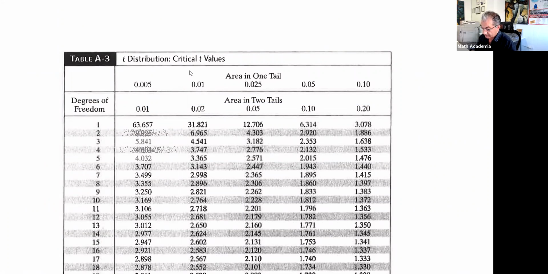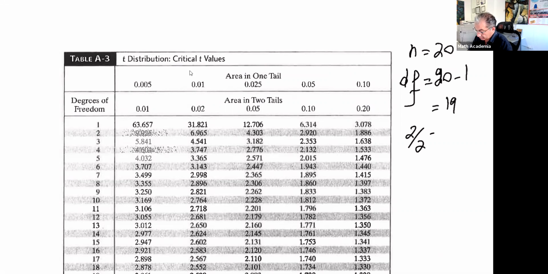So for the first example, I can write that here. We found n to be 20. Degrees of freedom, we said it's 20 minus 1, which is 19. And the area in the tail, alpha over 2, was 0.05. So we go to area in one tail.